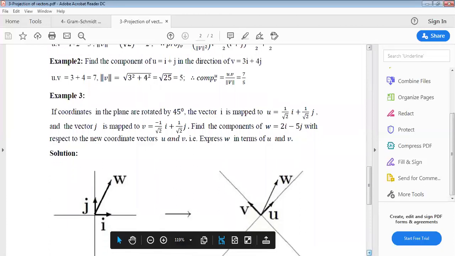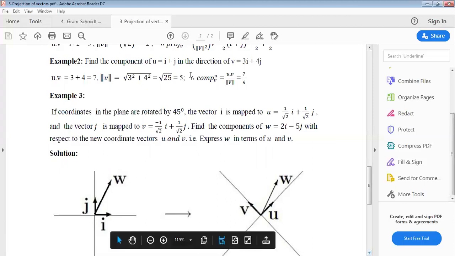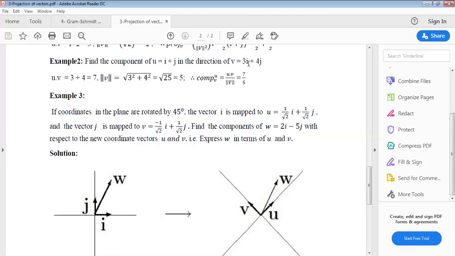Now we see one more problem. Find the component of u equals i plus j in the direction of v equals 3i plus 4j. So here, u dot v is equal to: i dot i is 1 into 3, j dot j is 1 into 3.